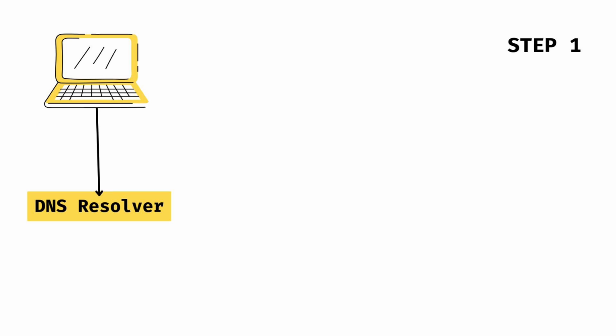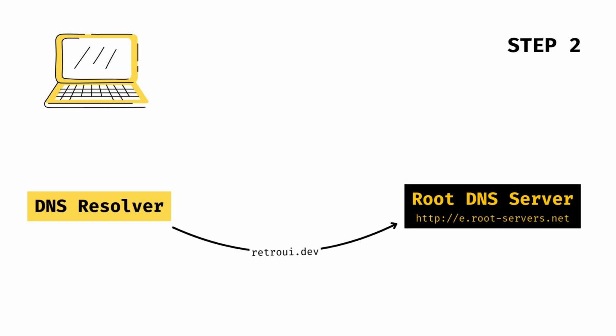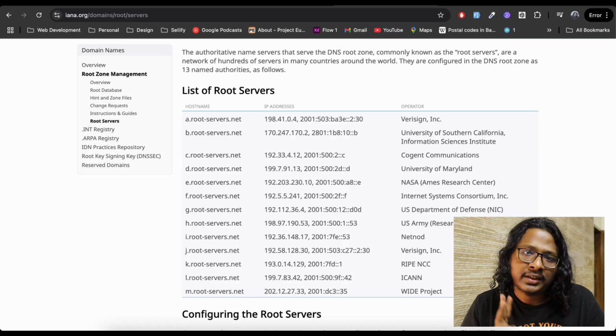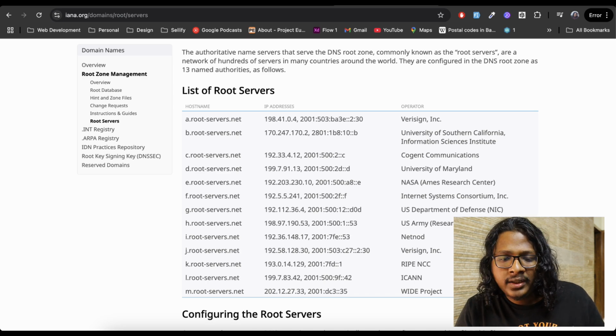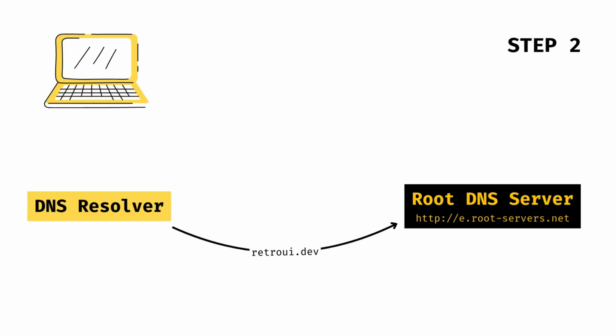The first thing it does is it goes to the root DNS server, which is the first level of DNS servers. There are 13 root DNS servers out there, managed by different operators. The DNS resolver will most likely pick the closest one. Let's say for our case, it picked e.rootservers.net.